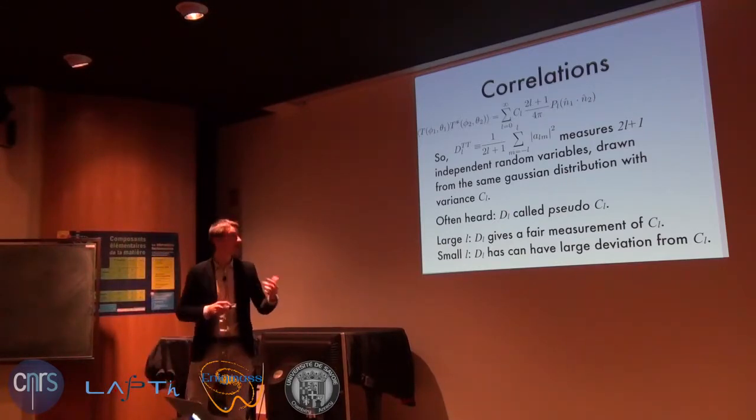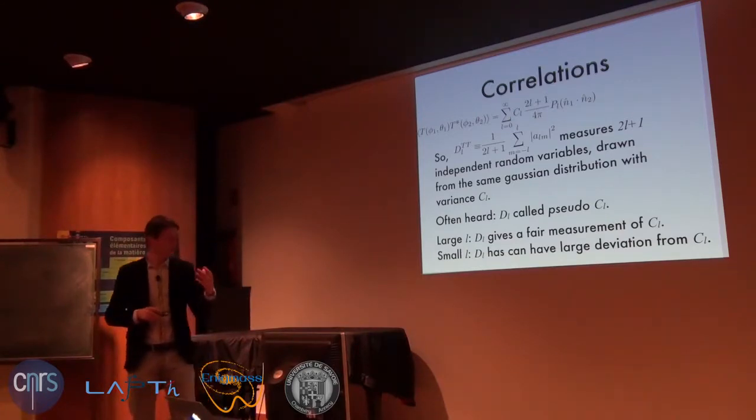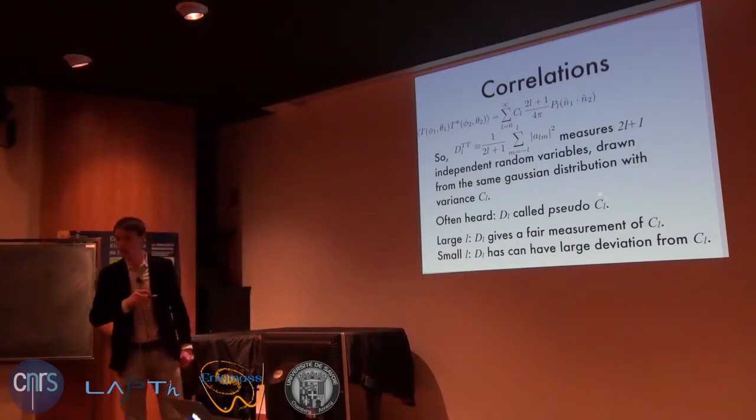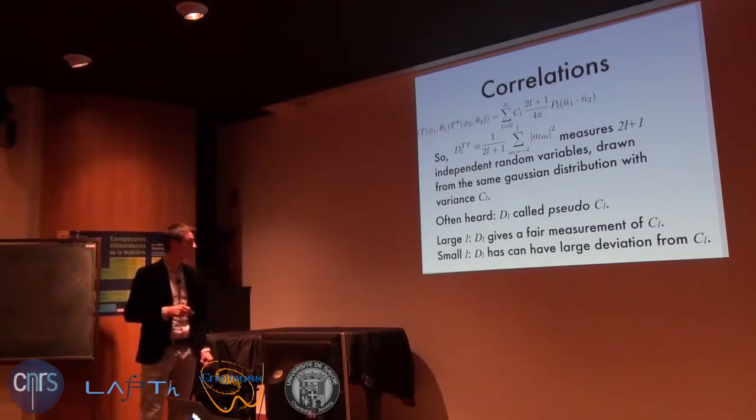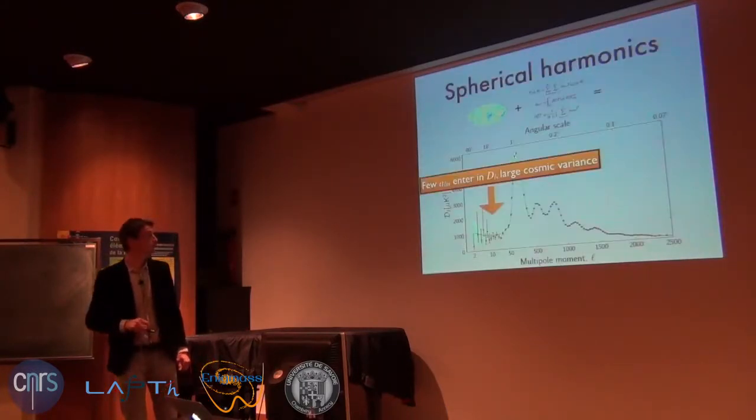And for large L, large angular momentums, you have many measurements, so you get a smaller statistical error on your measurement of CL, because that is the quantity that we're after, the CLs, the power in a spherical harmonics momentum L. Large L, fair measurement of CL. Small L, you get a large deviation from the original CL.